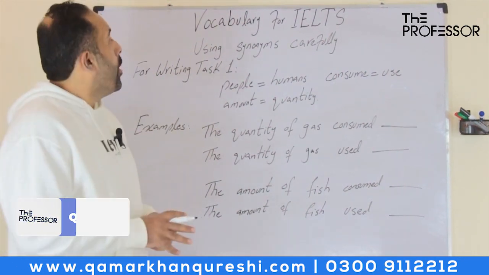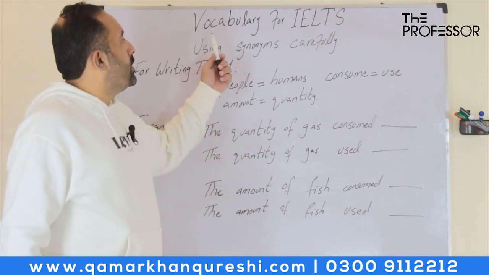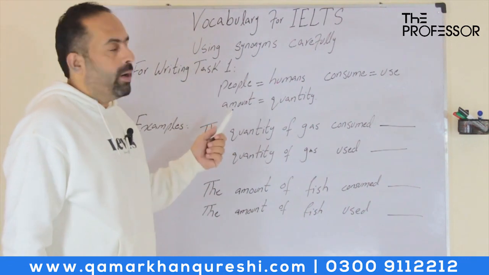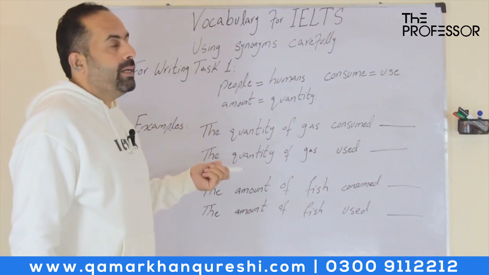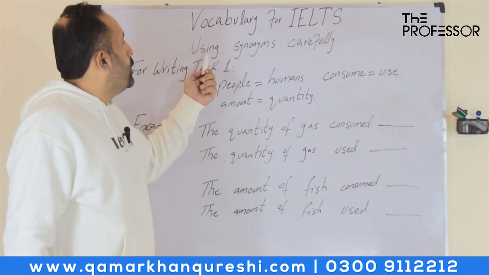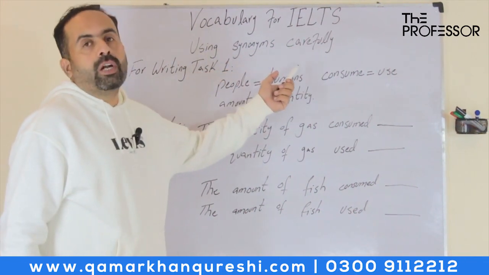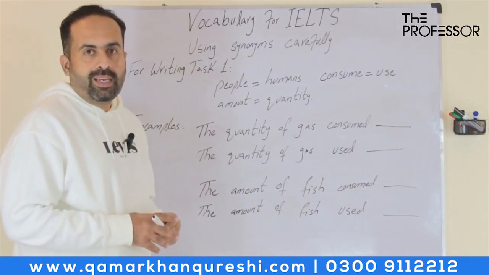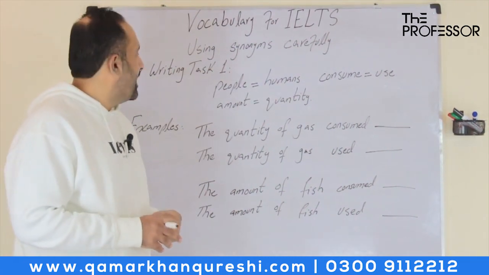In this lesson, we are going to see what vocabulary we can use for doing some writing tasks. Here we'll be using synonyms carefully. How do we use synonyms carefully? Let's see.